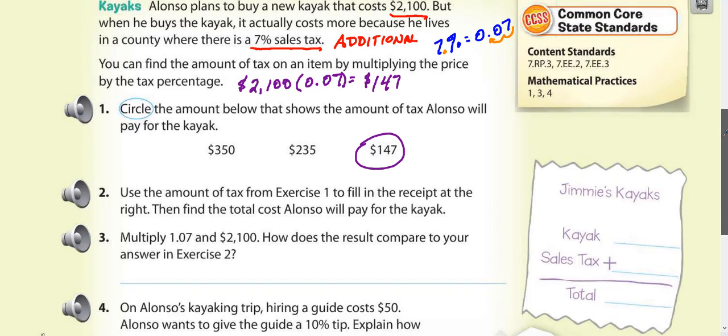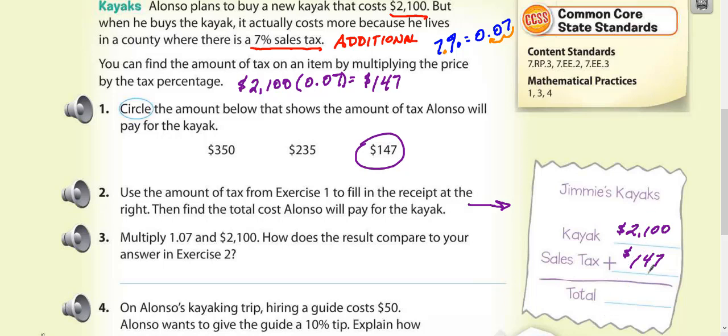So let's go down and fill out this receipt. Right over here, part 2, fill out the receipt from Jimmy's Kayaks. Well, the kayak itself, $2,100. Jimmy gets that amount. The state gets the $147. They use that to repair roads, build bridges, run schools, that type of stuff.